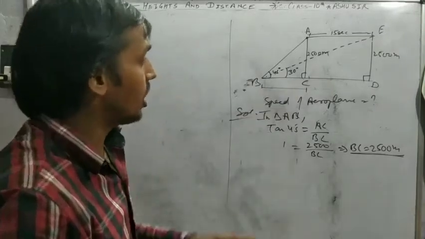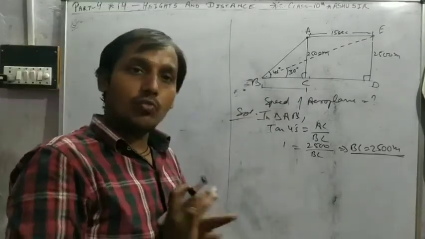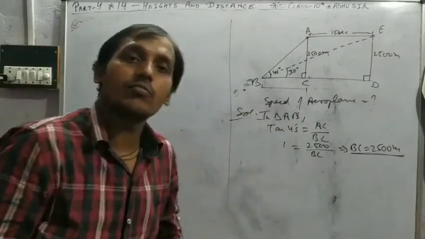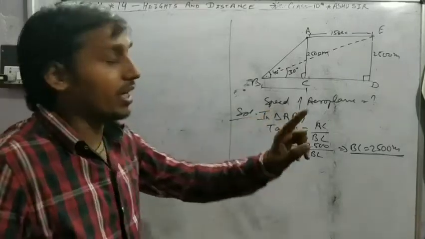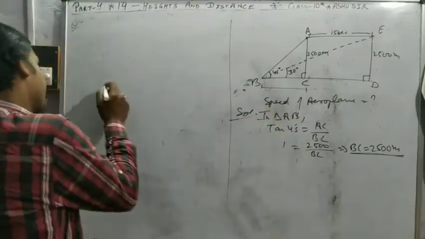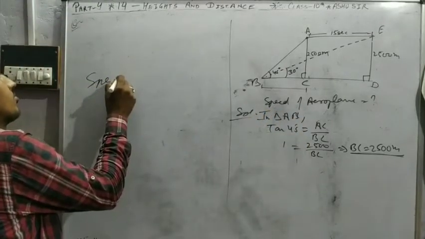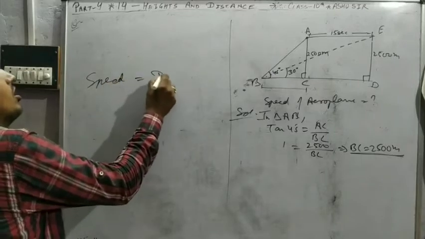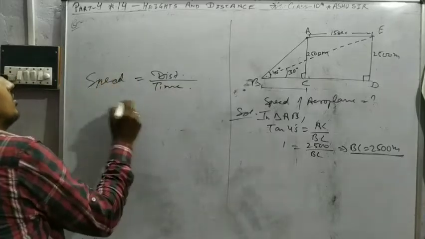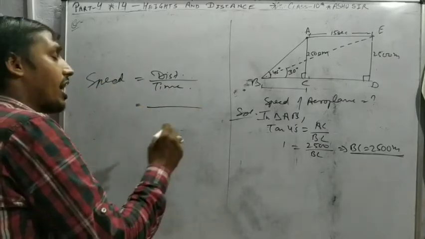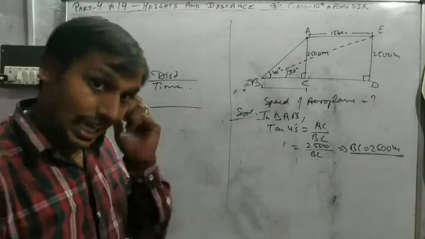Then we use the second triangle. But in your mind, sir, why do we find it? A simple logic: what's the formula to find the speed? Speed is equal to distance traveled upon time taken. So distance and time, what's given? Time.